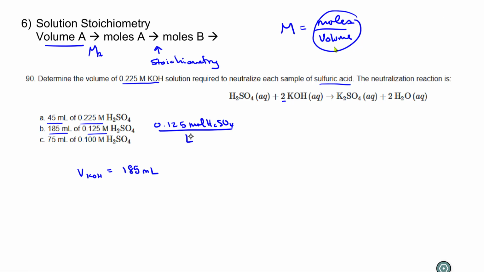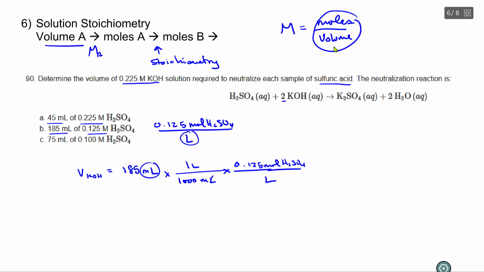When I do that, I see that these units don't match, and so I have to do a conversion beforehand. So it's 1,000 milliliters for 1 liter, and then 0.125 moles of H2SO4 per liter. So now that'll cancel nicely.